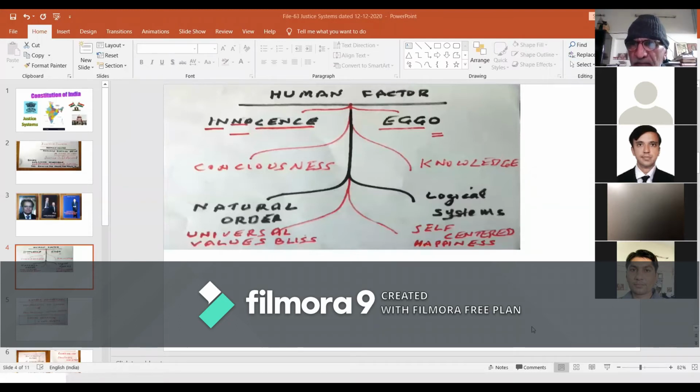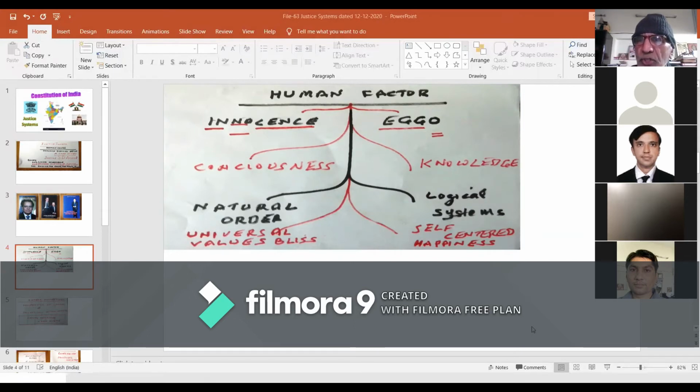Once we have a realistic frame for evaluation of the human factor, we have to proceed further to conceive how precisely this factor is to be considered so that it does not cause injustice.